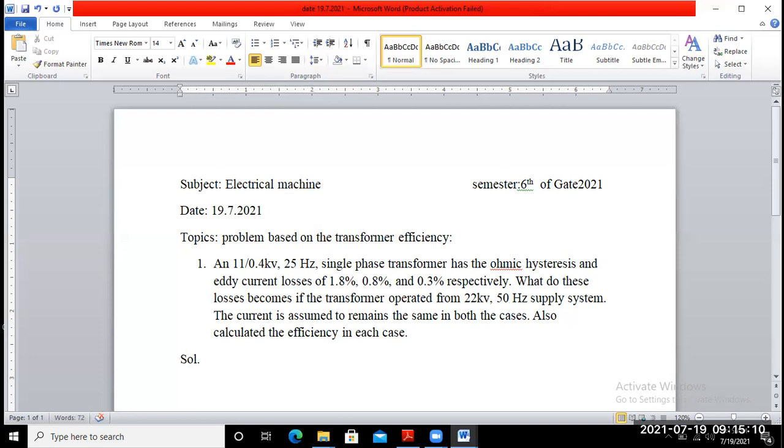As you know the voltage relation equation, subscript 1 is used for 11 kilovolt, 25 hertz frequency, and subscript 2 is used for 22 kilovolt, 50 hertz.